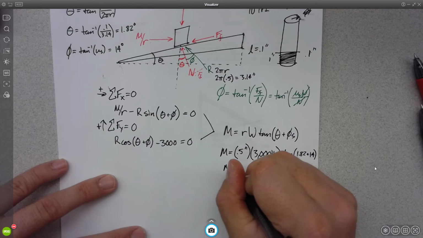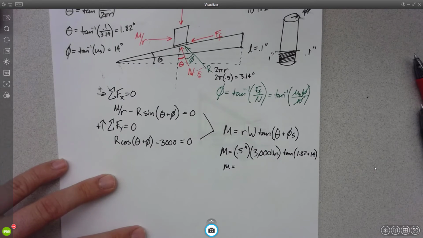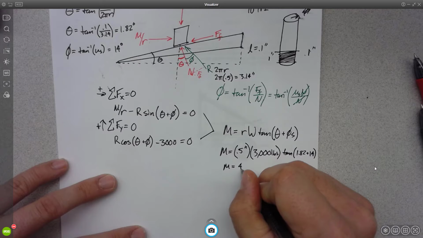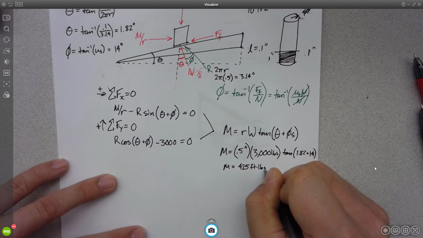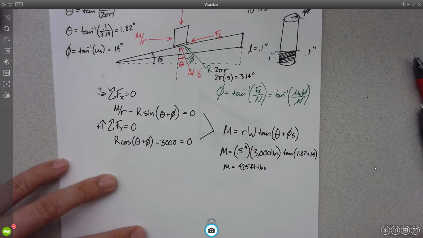What's the moment required? 425 foot-pounds? Yep. Okay.